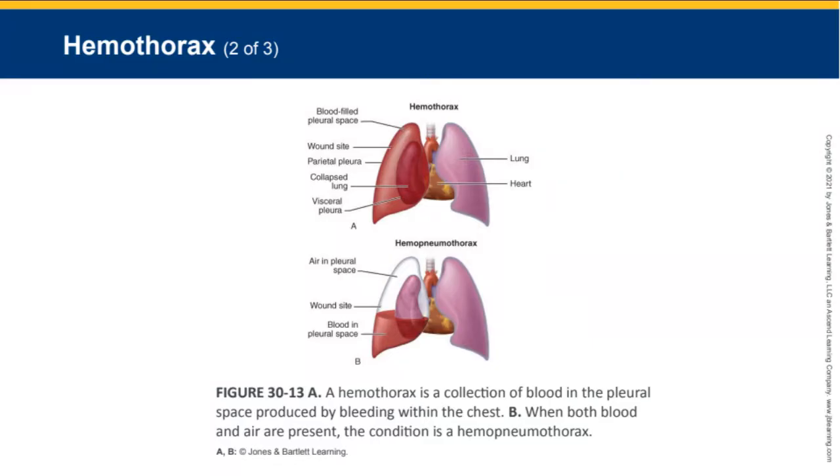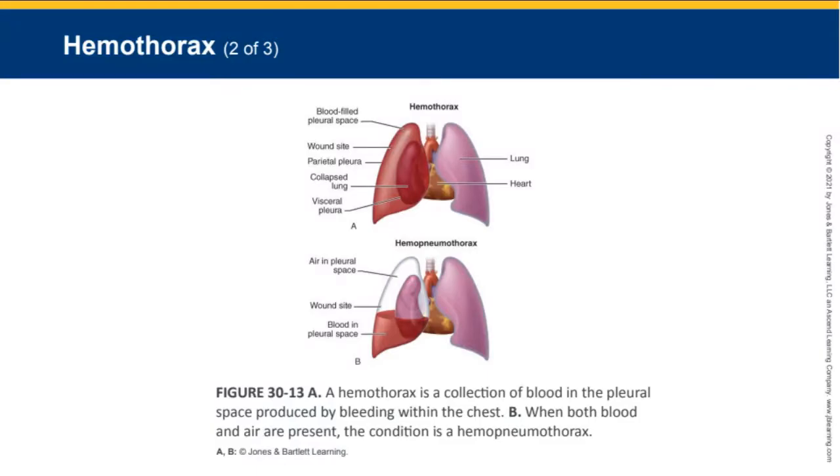Now, with the blood, it will not lead to tension. It doesn't lead to tension as the blood tends to pool downwards. It can definitely cause complications because a patient can bleed their entire blood volume into their pleural lining.